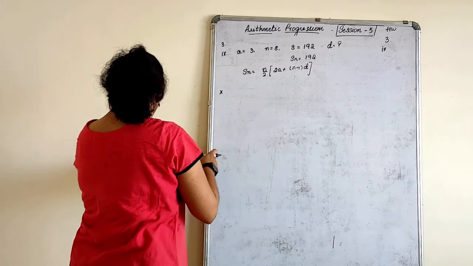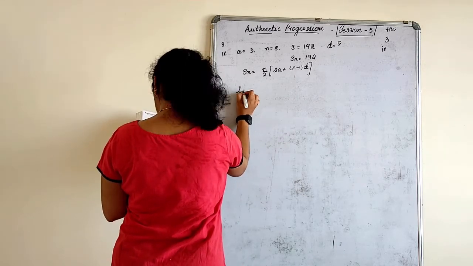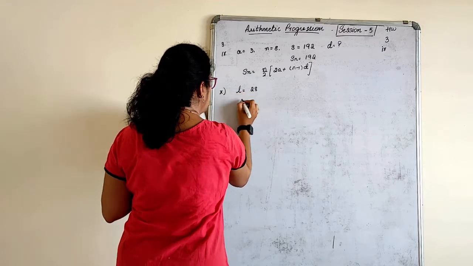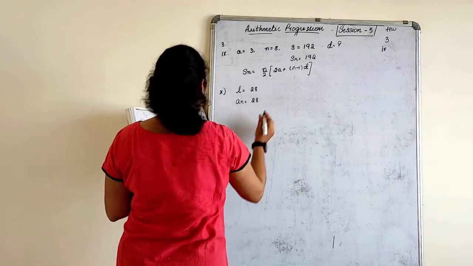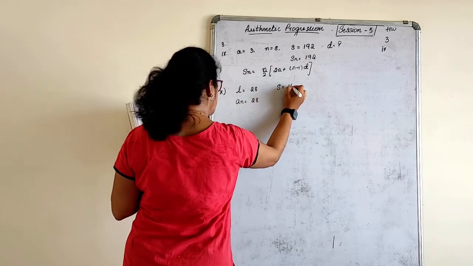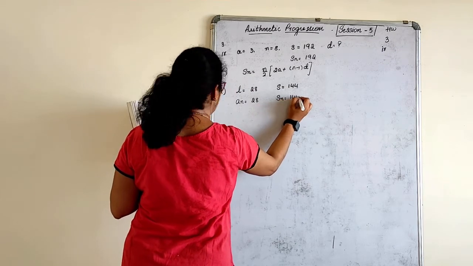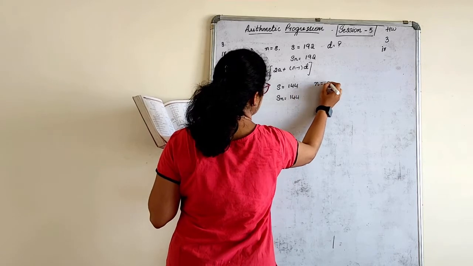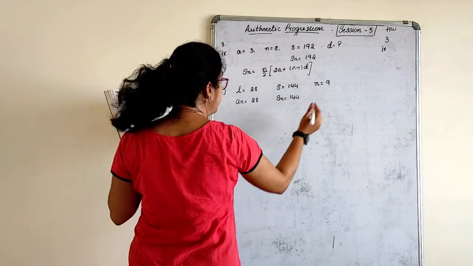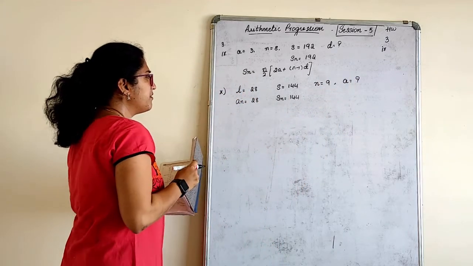Let's see what the 10th one is. Given last term is 28. Last term is nothing but an is equal to 28. S is equal to 144. That means Sn is equal to 144. And there are a total of 9 terms. Find a. Which formula will you use?